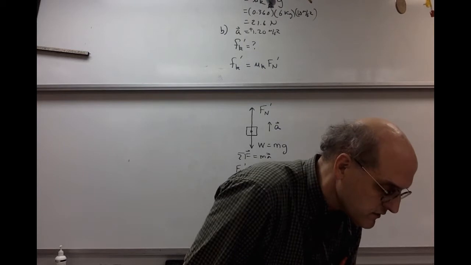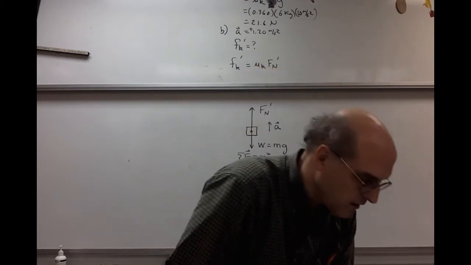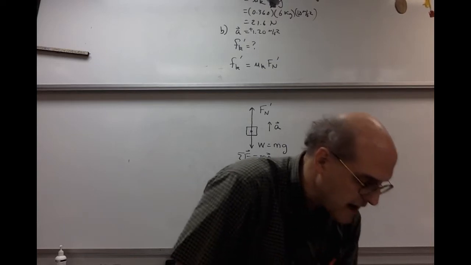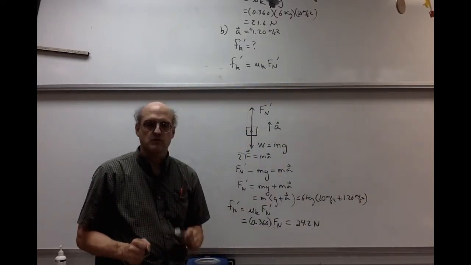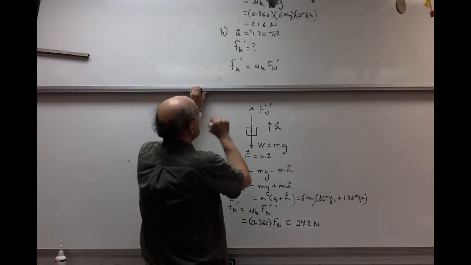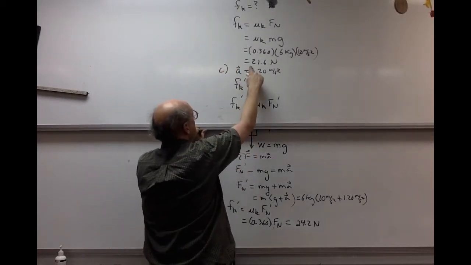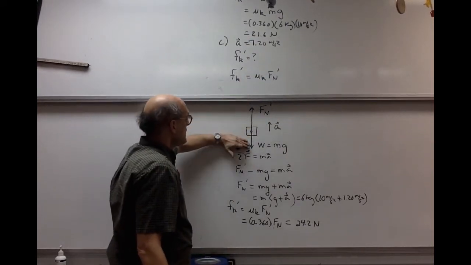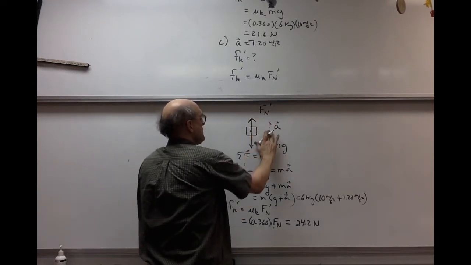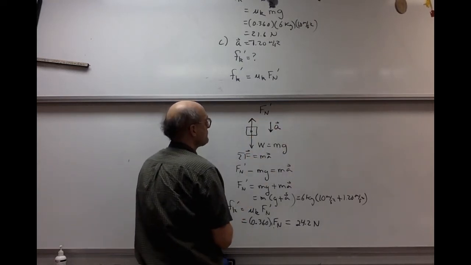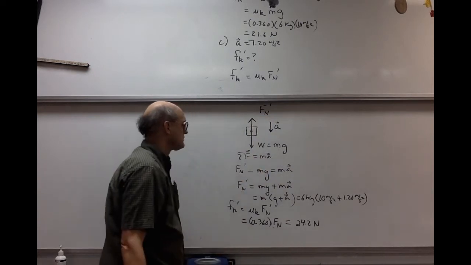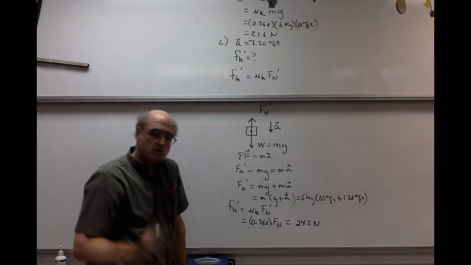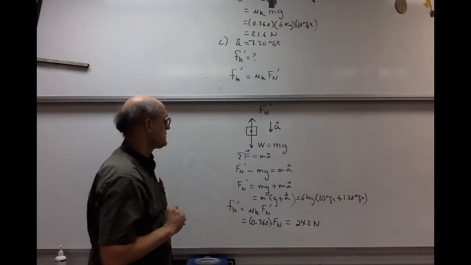Okay, that brings us to the next part. Now the elevator is accelerating downward. So they want to know what the force of kinetic friction is, and its downward acceleration is 1.20 meters per second squared. So I'm just going to change this to part C, make this negative, and we have the same equation here. Now the normal force is going to be less than the weight, so that we can get an acceleration downward, and we're looking for the normal force, so that then we can multiply that by mu k to get the new force of kinetic friction. Now this should be less, right, because the normal force is going to be less.